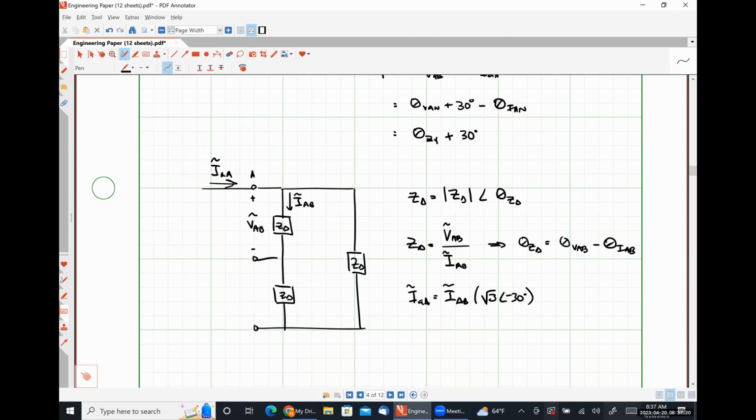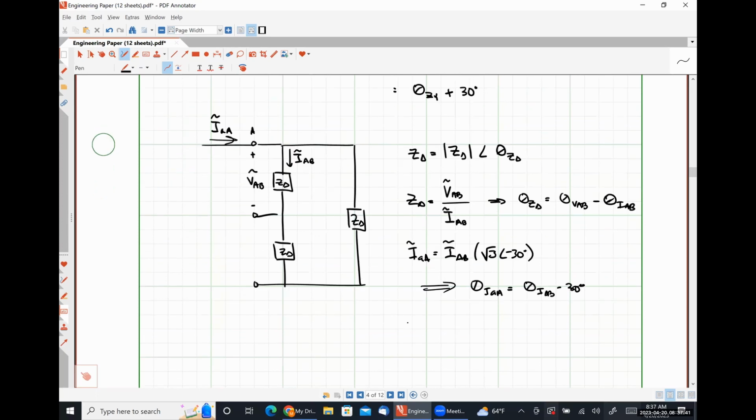We derived that multiple times and used it in homework problems and example problems and all that kind of good stuff. So we could say that the angle of IAA is the angle of IAB minus 30 degrees.